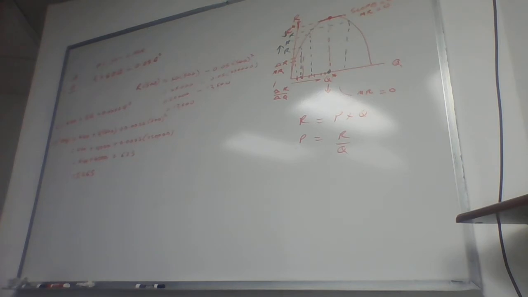So now we need K, which is total profit when we're producing 400 units. Don't mistake that 400 in your profit equation.